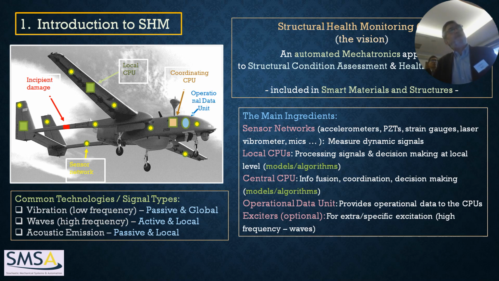We would prefer to do it with fewer sensors, and this is what we're trying to do. Also, another advantage of vibration is that it is naturally available. So one does not need to excite on purpose, but one may just use naturally available vibration. For example, when the aircraft flies, we have the vibration because of turbulence, because of the engines, and so forth.